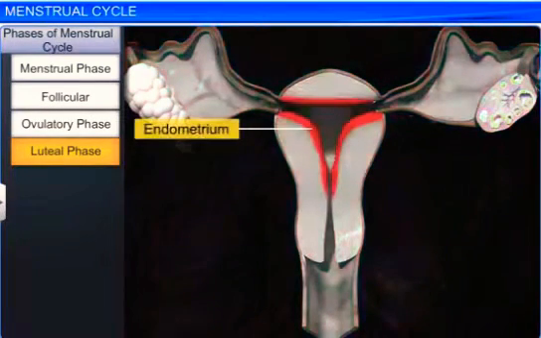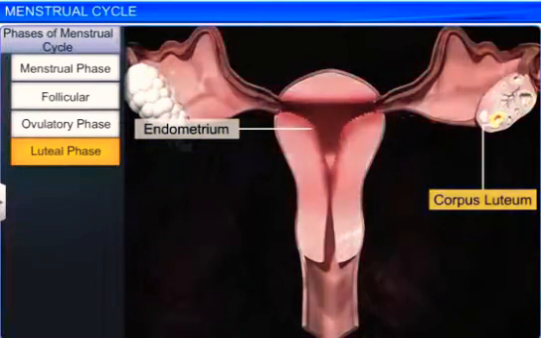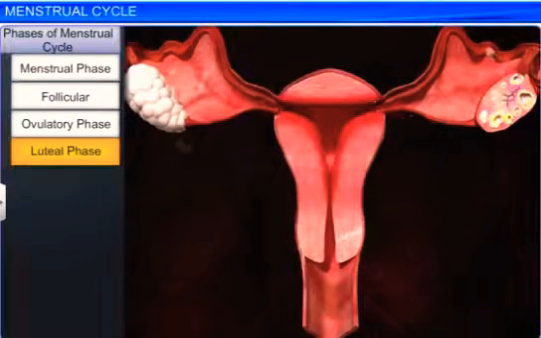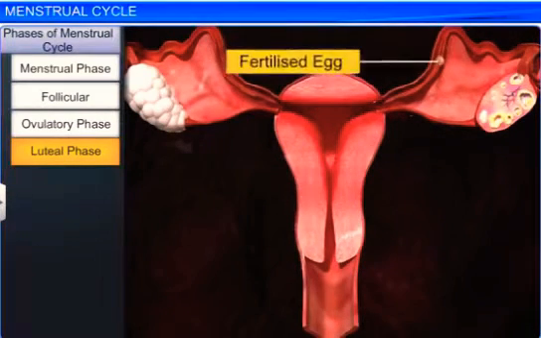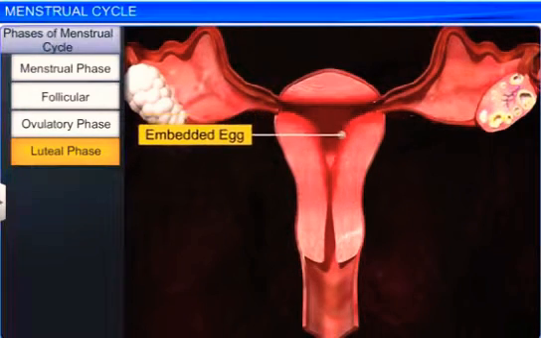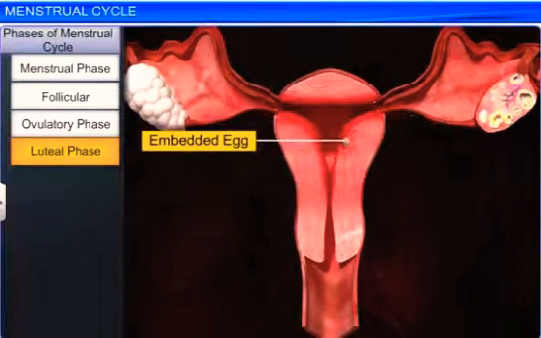Interestingly, the endometrium and corpus luteum play a vital role during the early stages of conception. For instance, a fertilized egg gets embedded in the endometrium and derives nourishment from it.